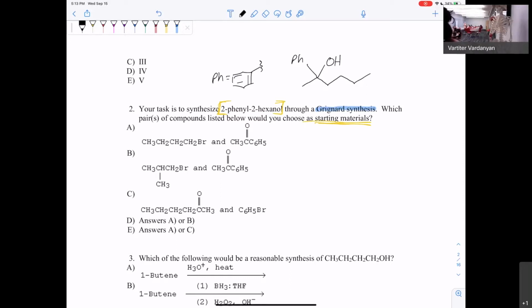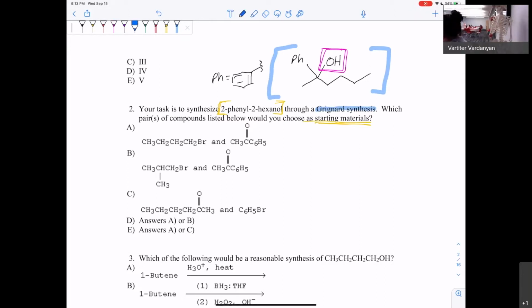All right, so this is our final product, that's what they gave us. We're working backwards, and we know we're doing a Grignard reaction. So the way I would do this is I see my alcohol, and I know my alcohol comes from a carbonyl. We just have to figure out what kind of carbonyl it was.